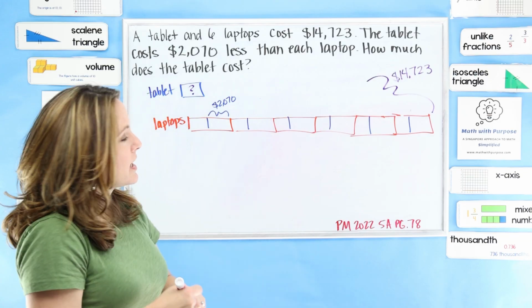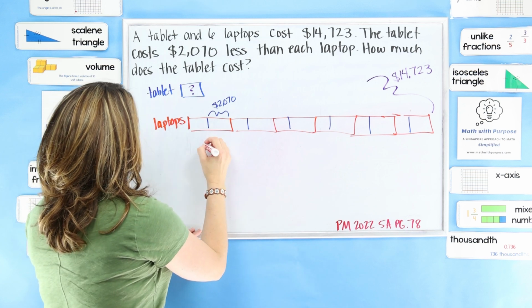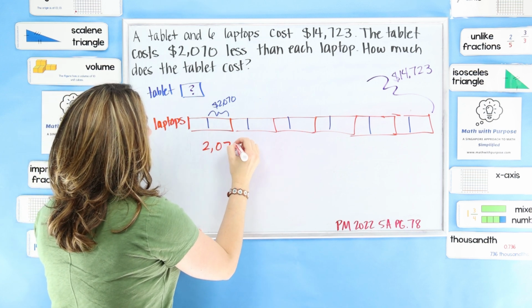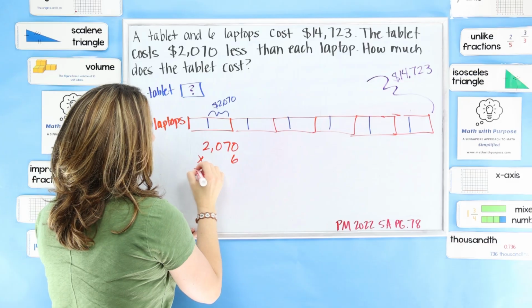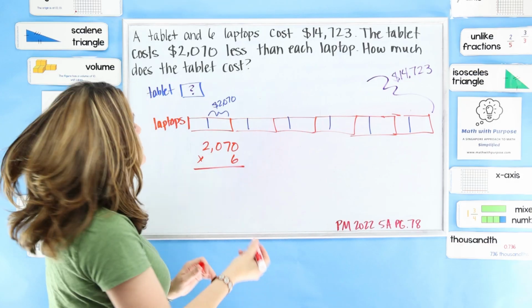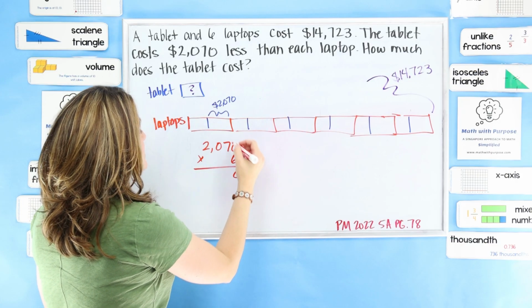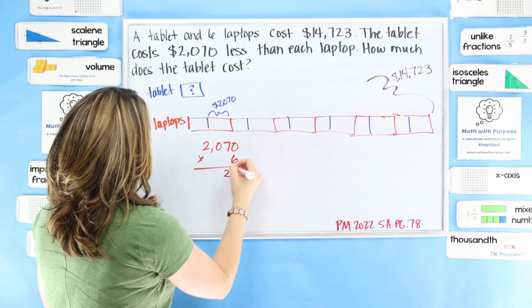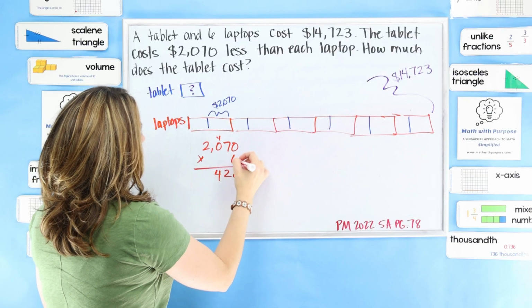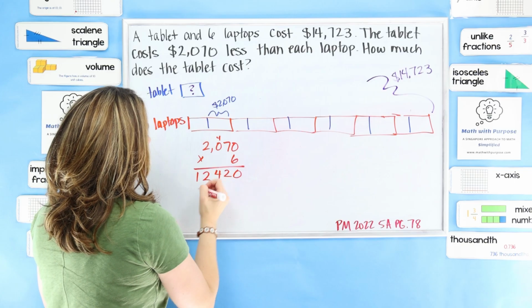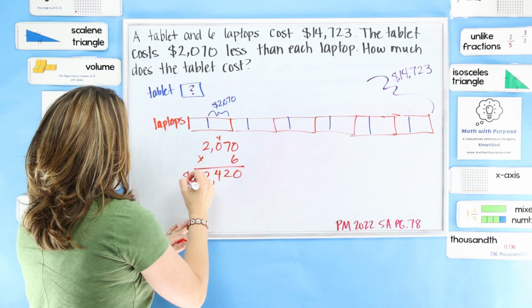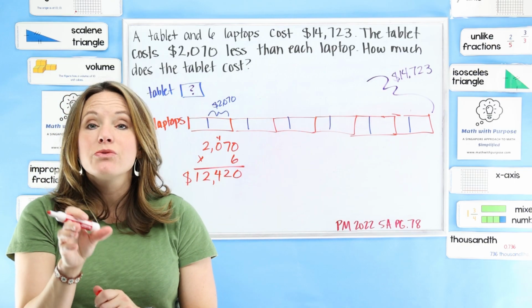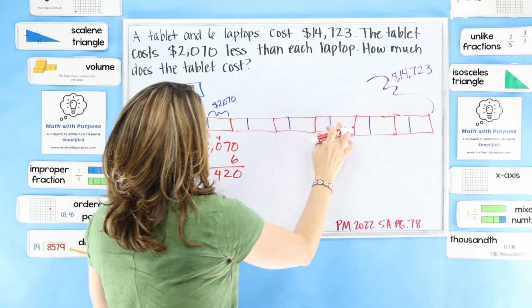So let's take that 2,070 and multiply it by 6, right? Because we had the 6 laptops, and this has lots of zeros, so that helps me multiply a little bit faster. When I multiply, I got $12,420. So that fills in these little sections.